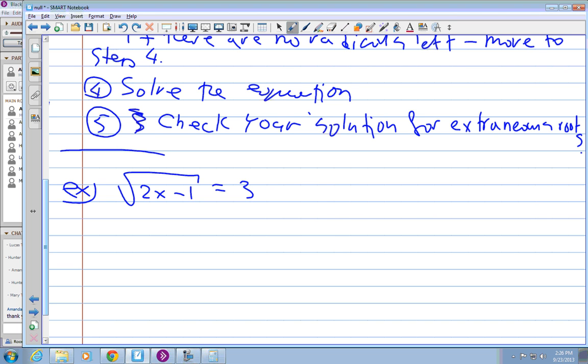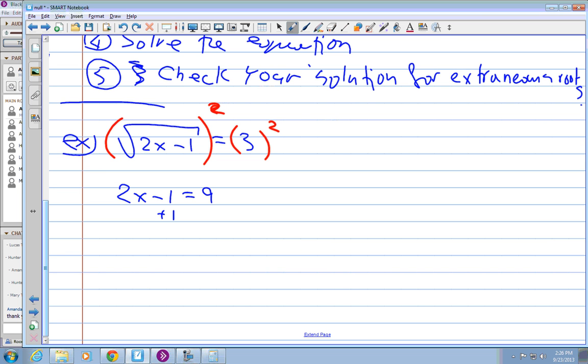And how do I kill a square root? Yeah, I'm just going to square both sides of that equation. So therefore, on the left, I have 2x minus 1. On the right, I have 9. Okay? No more radicals left. I'm going to go ahead and solve this little equation, which is very nice, right? So now proceed solving this equation. Add 1 to both sides.